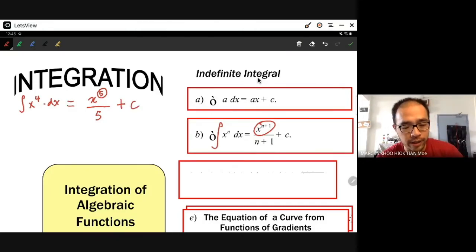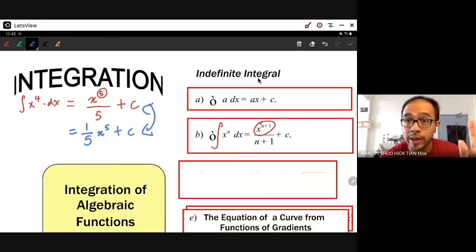Another way of writing this is 1/5 x to the power of 5 plus c. It is the same thing, no difference. It's just that I take out the 5 so that it becomes 1/5. Don't say that these are different things. It's the same thing, it's just that I want to write it in a different way.